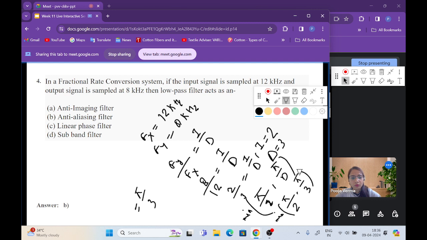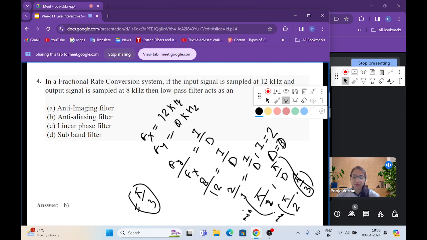So what is this pi by 3? Pi by 3 is the D, which is nothing but the decimator or downsampling factor. So it downsamples the system by 3. When the filter is used for downsampling, it will act as an anti-aliasing filter, because while we are downsampling the frequency, the filter acts as an anti-aliasing filter.